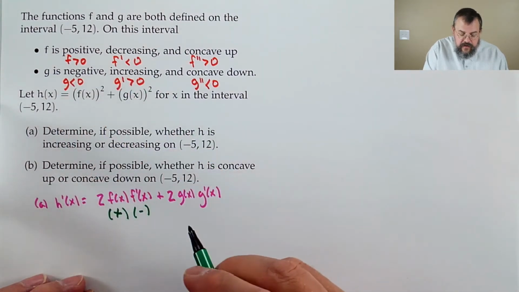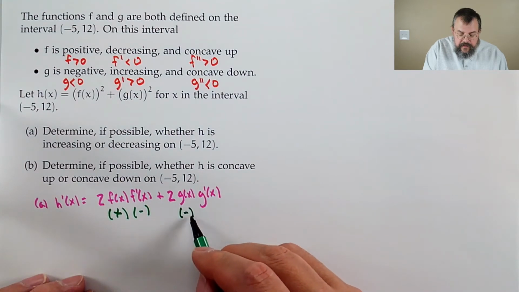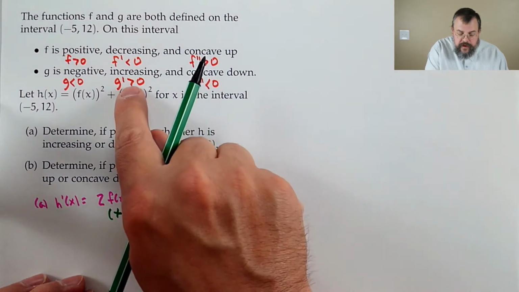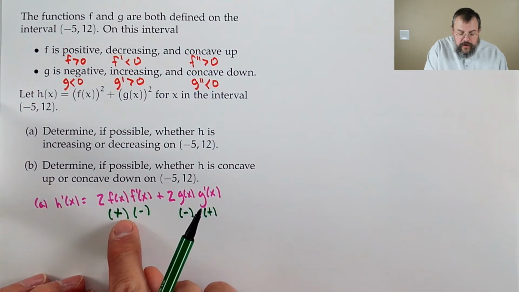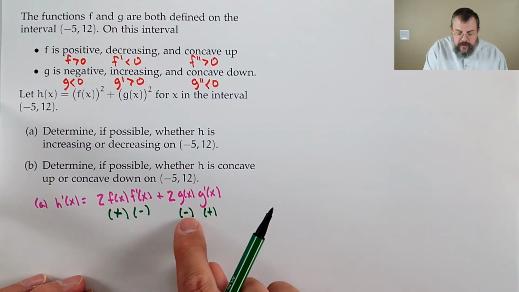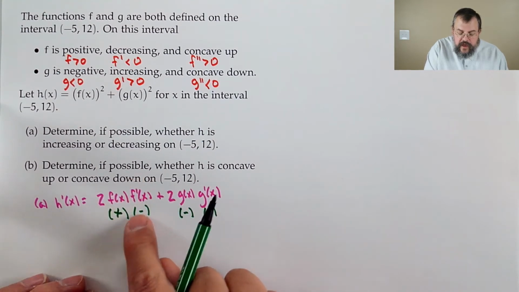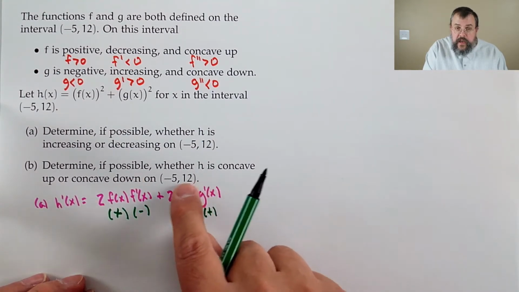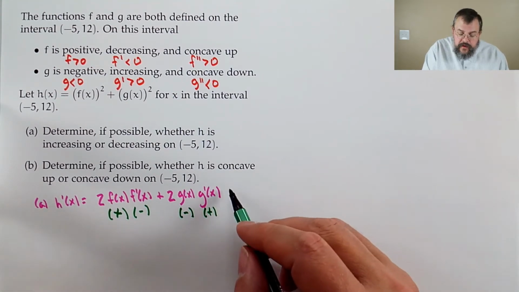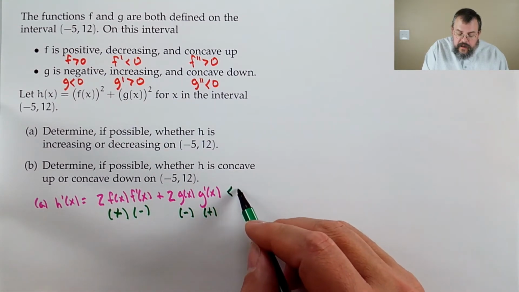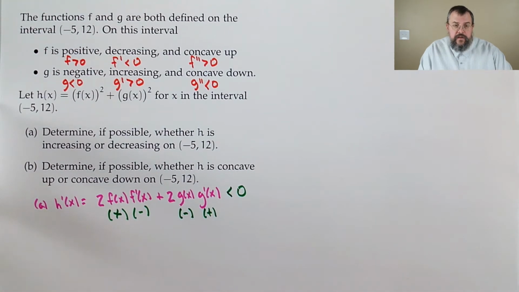G is negative, so that's a negative number. G prime is positive, so that's a positive number. When you multiply a positive and a negative, the result is a negative quantity. That's a negative quantity. And therefore, when we combine two negatives, the result is a negative quantity. Okay, so we know h prime of x is negative.